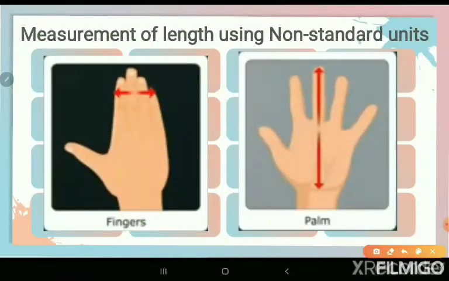This is equal to the width of 4 fingers closely pressed together. When you keep your fingers closely pressed together, the width is known as fingers. Palm. It is the distance equal to the length of the hand from the wrist to the end of the middle finger. This is known as palm length.